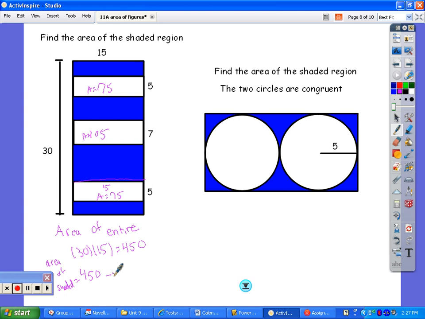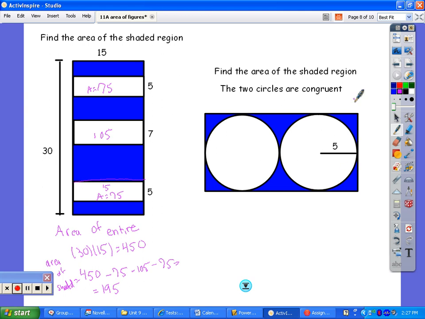And we would subtract 75, and then 105, sorry, not 50, 105, and then 75 again. And so our area is 195 for this.